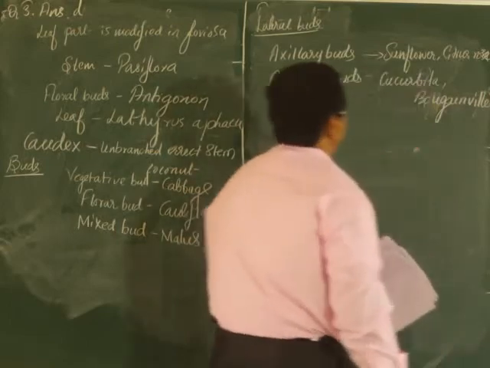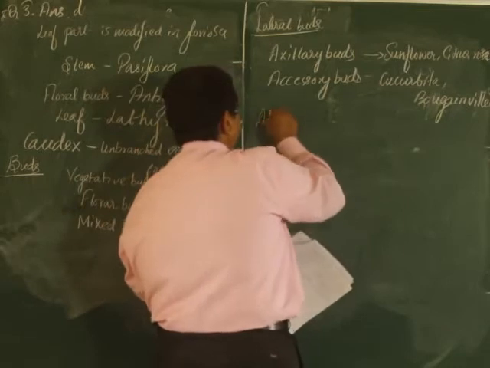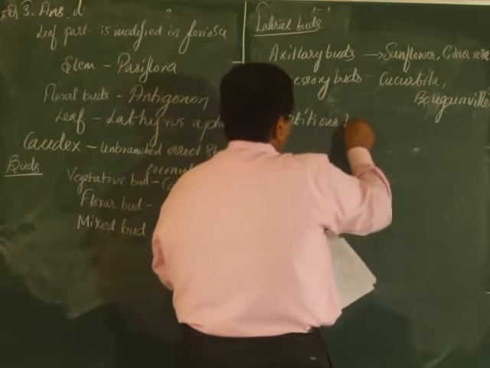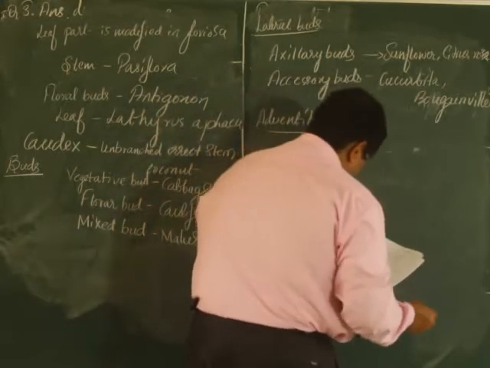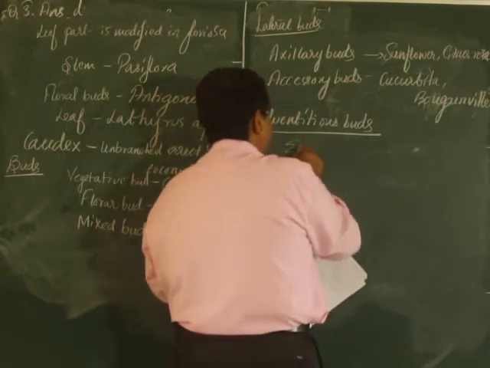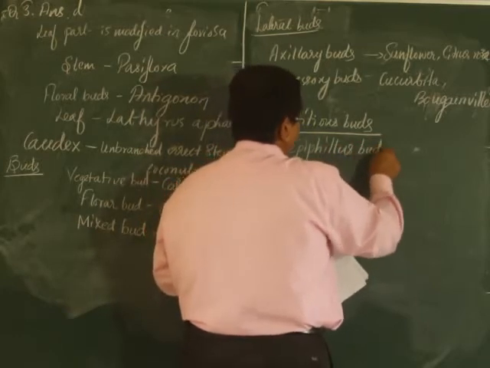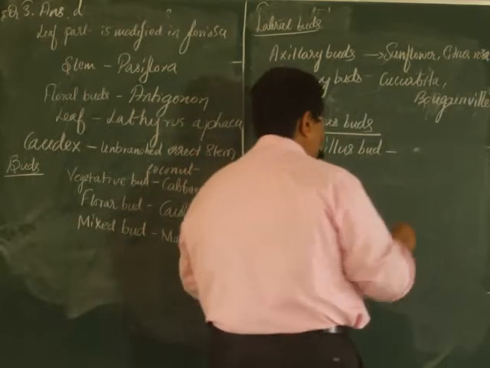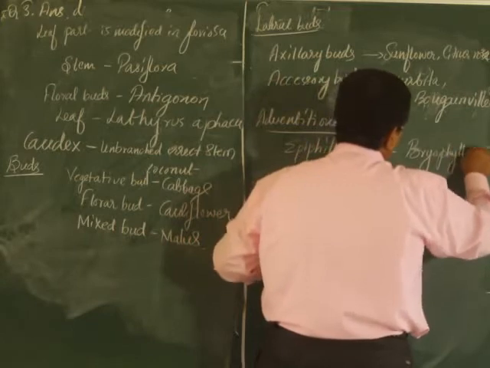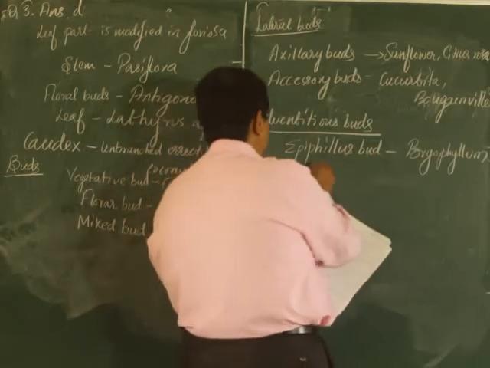In bougainvillea plant. Adventitious buds. There are following types. Epiphyllous bud. It is seen in bryophyllum. Cauline bud.